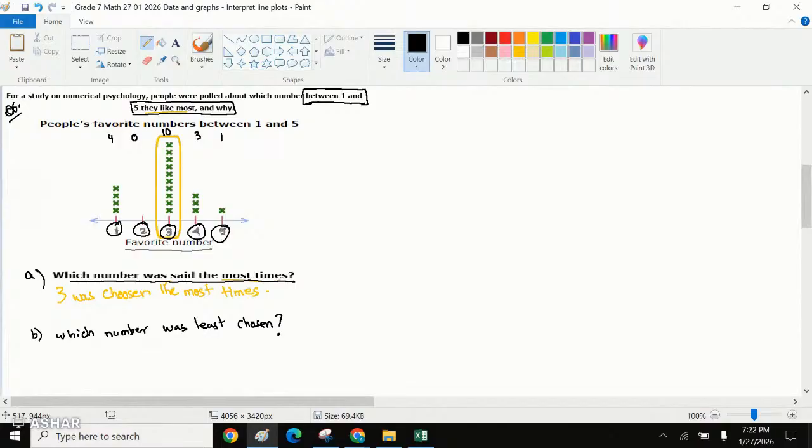So which number was least chosen? Michael, thank you, Michael. See, what you saw was 5 had 1 on it, right? But then you saw that 2 has a 0 on it. That means no one chose 2, right?